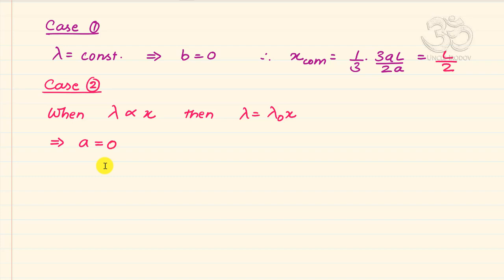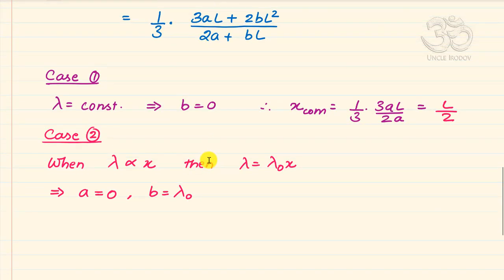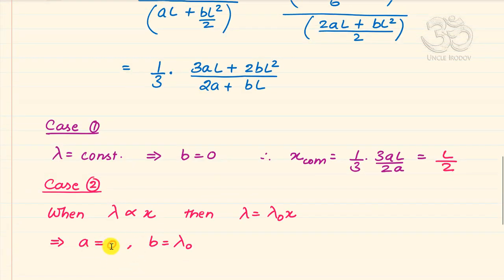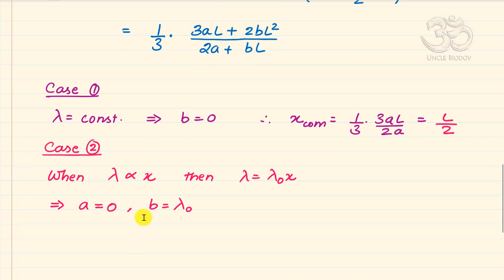So when I have this case, a is 0 and b is lambda naught. Let me put that in my result here. The moment I put a equal to 0, you see that in this result the first term will be gone in both the numerator as well as the denominator.